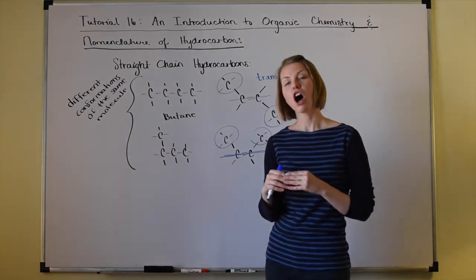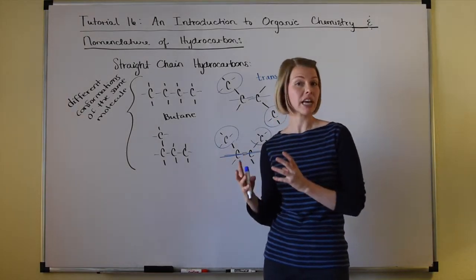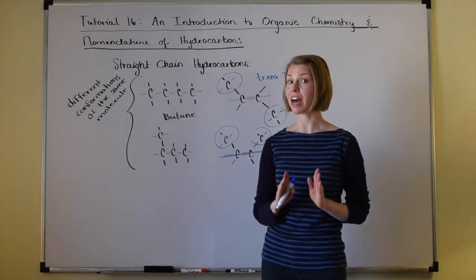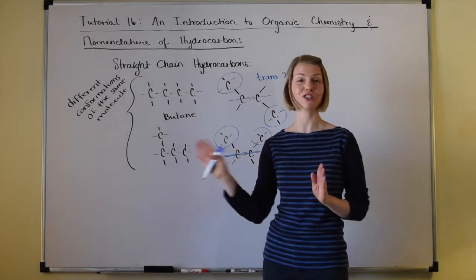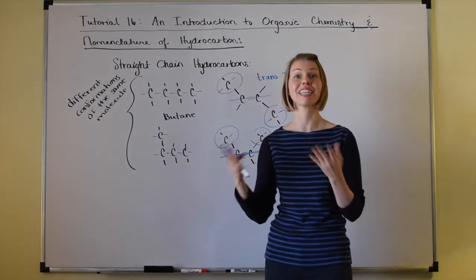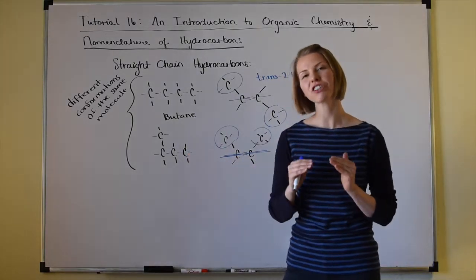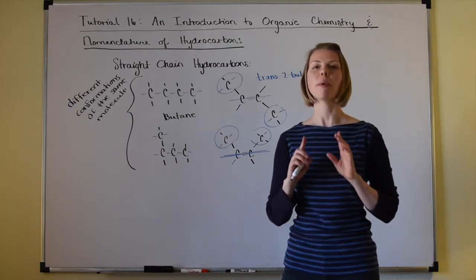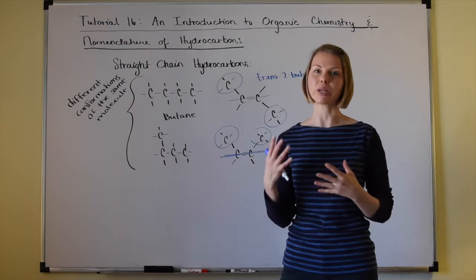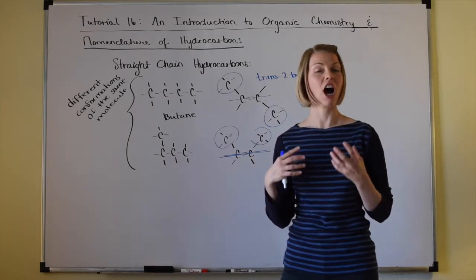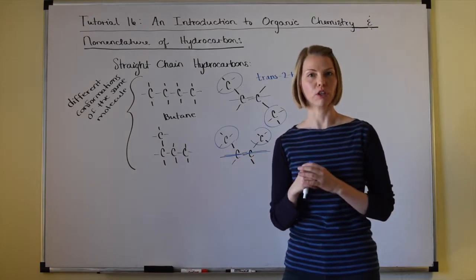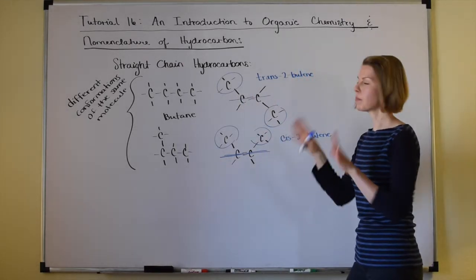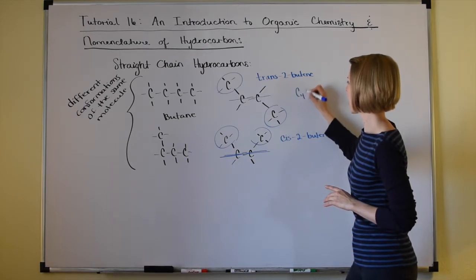Geometric isomers are isomers with the same molecular formula, same connectivity of atoms. Different than constitutional isomers. Remember, constitutional isomers had a different connectivity of atoms. Geometric isomers have the same connectivity of atoms, but they have a different 3-dimensional arrangement of atoms about a carbon-carbon double bond. So again, same molecular formula. Both of these are C4H8.